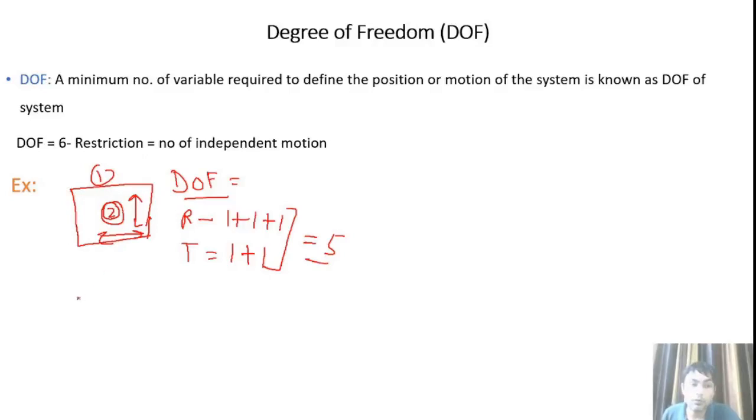So the degree of freedom of a sphere on this surface is 5. Now consider a cylinder. What is the degree of freedom? Degree of freedom is equal to the number of independent motions. Two links, 1 and 2.